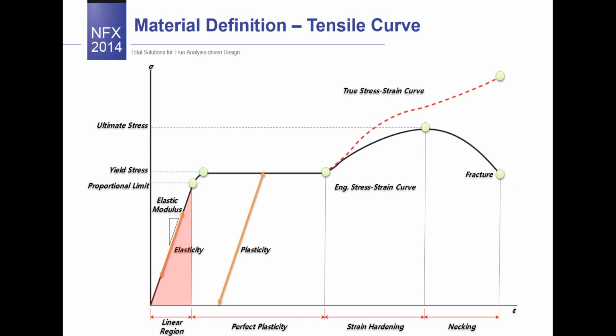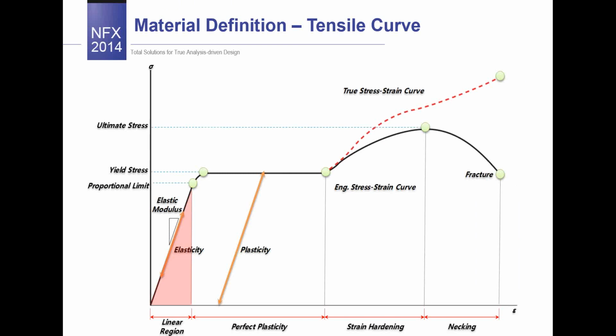This material behavior, as you see on the screen, is obtained from a simple tension test, where a specimen, with circular or rectangular cross-section within the uniform gauge length, is subjected to monotonically increasing tensile force until it fractures.